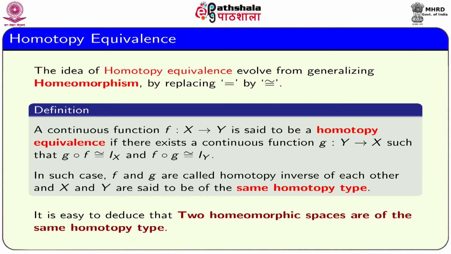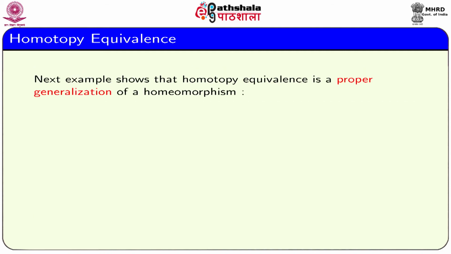It is easy to deduce that two homeomorphic spaces are of the same homotopy type. Now the next example shows that homotopy equivalence is a proper generalization of a homeomorphism.